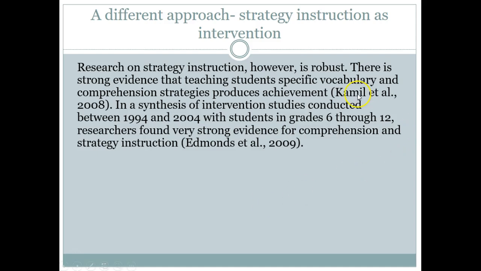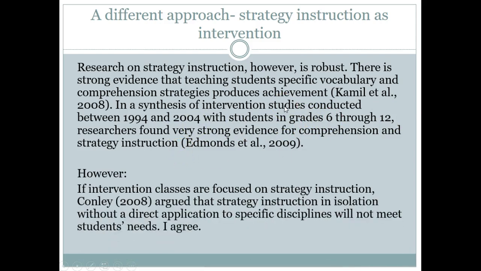So teaching specific vocabulary and comprehension strategies produces achievement. In a synthesis of intervention studies conducted between 1994 and 2004, students in grades 6 through 12, strong evidence for teaching of comprehension.